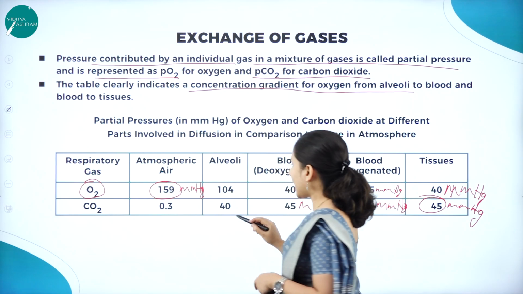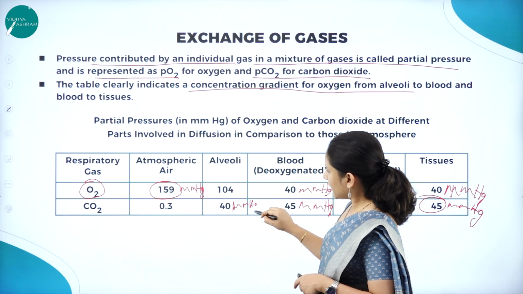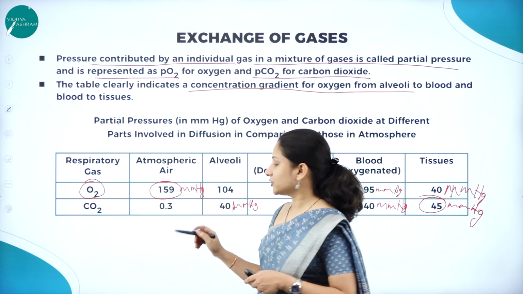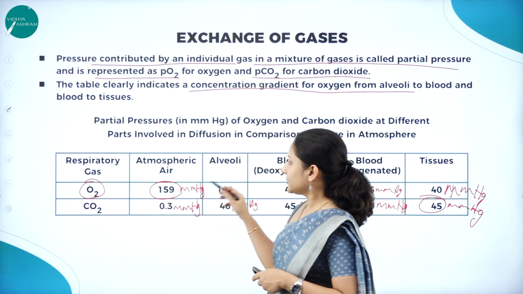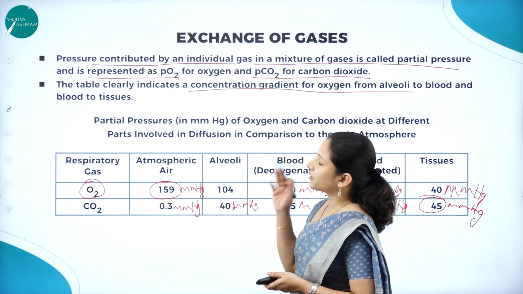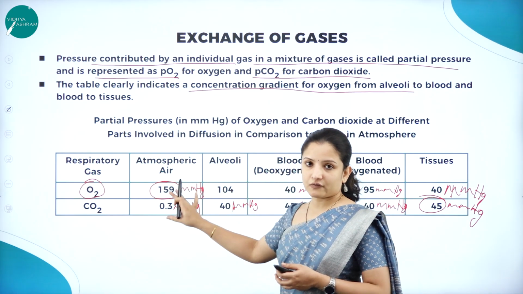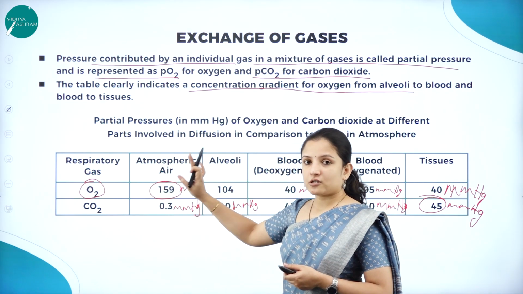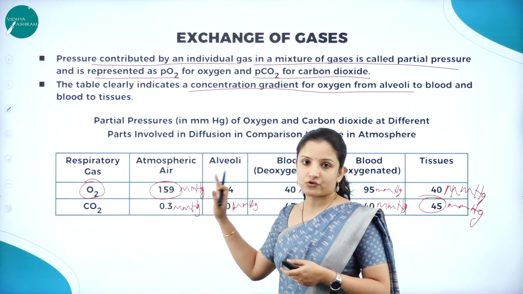Next, talking about alveoli, it is 40 mm Hg. Again here, in atmospheric air, it is 0.3 mm Hg. So these are the different partial pressures, which is nothing but the pressure contributed by an individual gas in a mixture of gases. That partial pressure actually creates a concentration gradient which leads to the diffusion process.